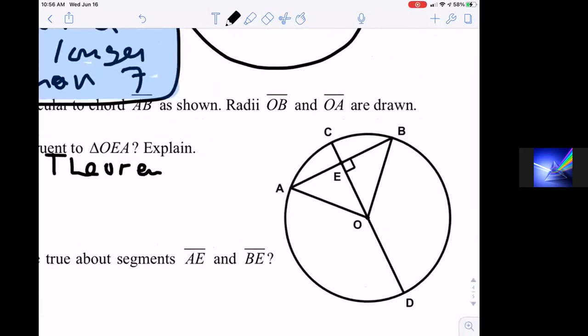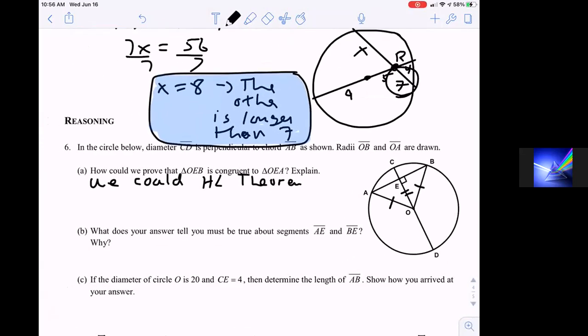The way that works is this is a radius, this is a radius, so those two are equal. OE is a common leg that is equal to both triangles. So the hypotenuses and one leg are the same, and therefore triangle OEB is congruent to triangle OEA.